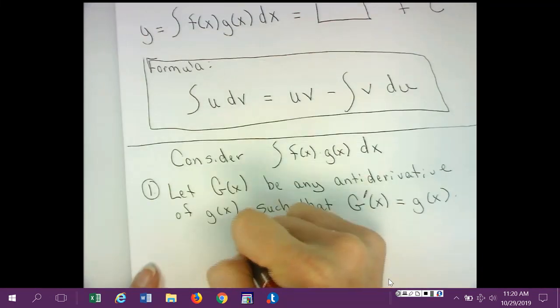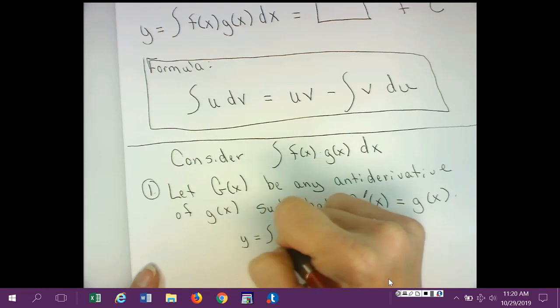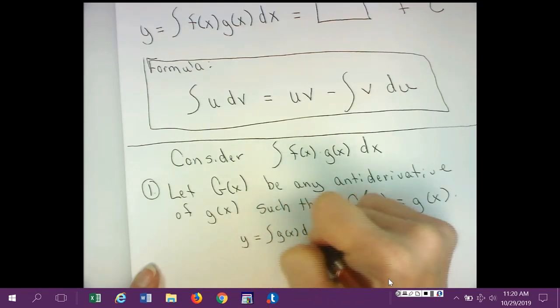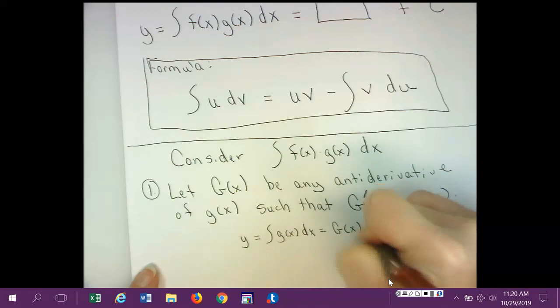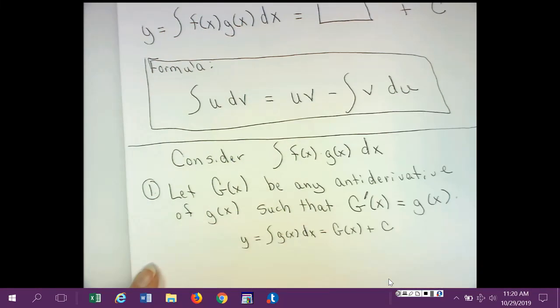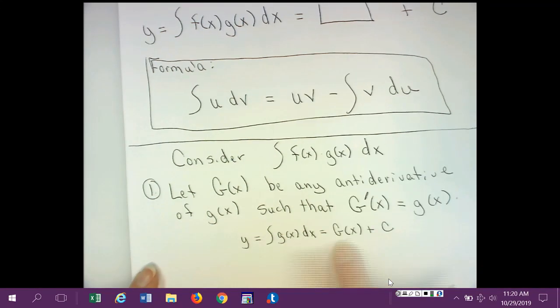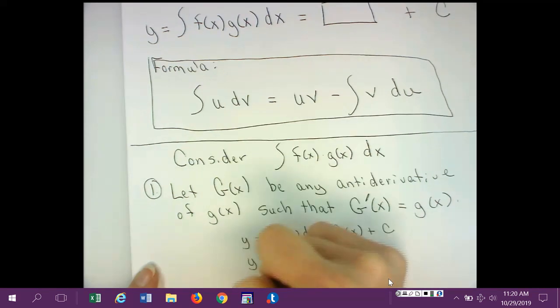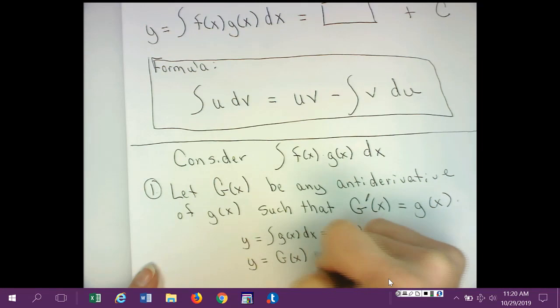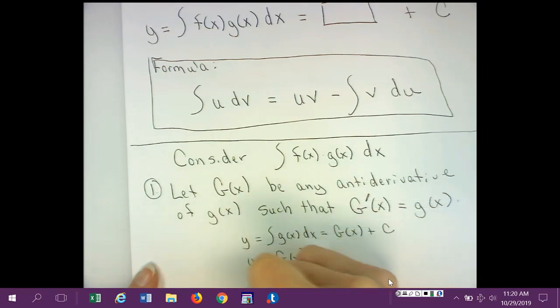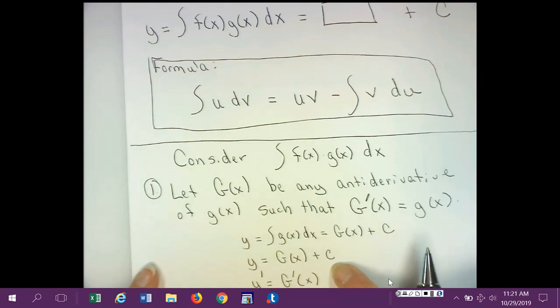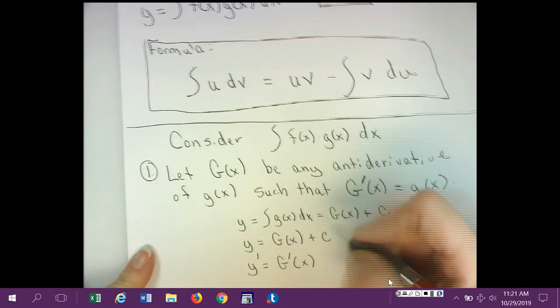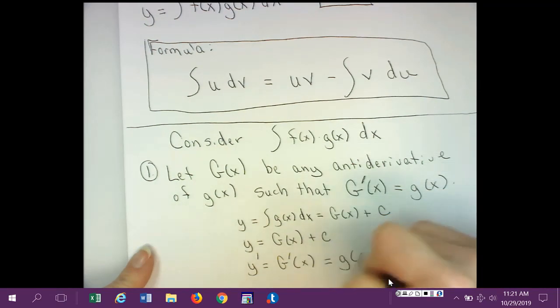So there's your antiderivative, capital G, and our family of antiderivatives would be capital G plus C. When you go to take the derivative, obviously the derivative of the constant of integration is 0, you receive little g of x.